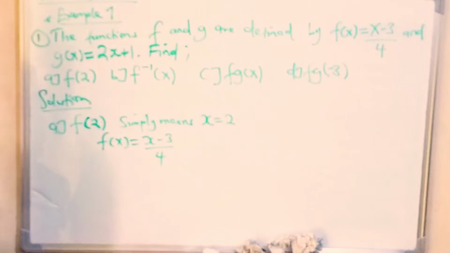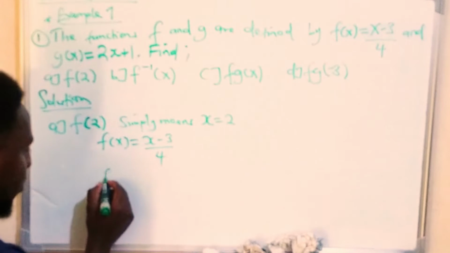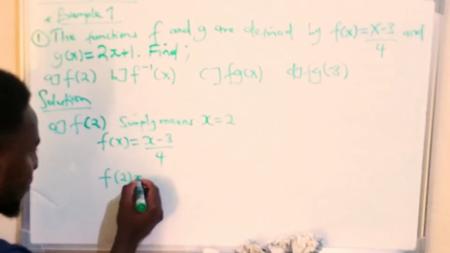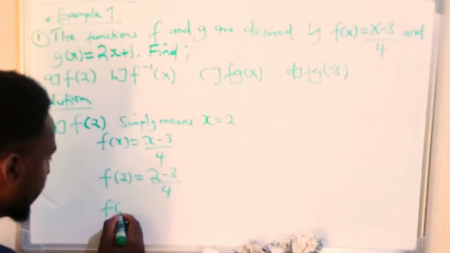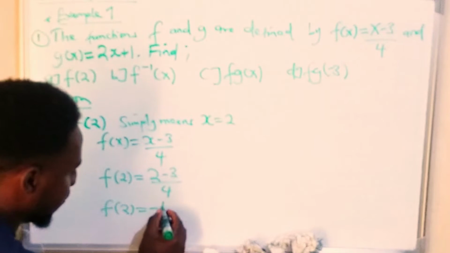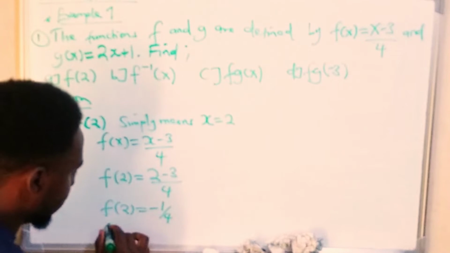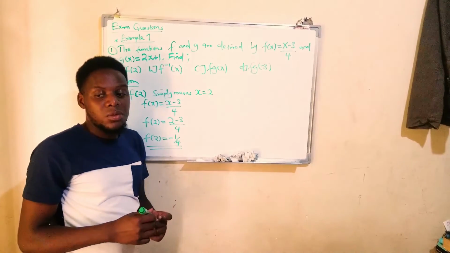So by just replacing x with 2, f of 2 is going to be 2 minus 3 over 4. So f of 2 is equal to 2 minus 3, that's negative 1 over 4. So that's negative a quarter.